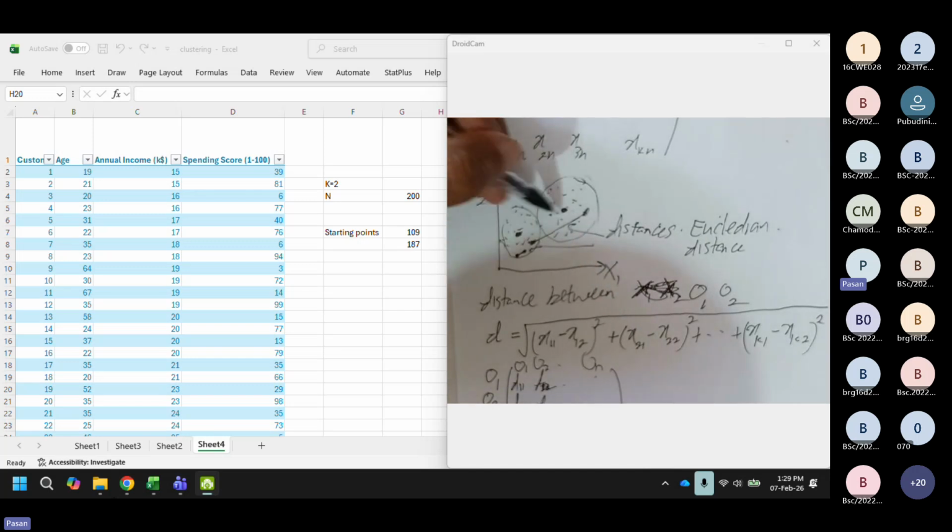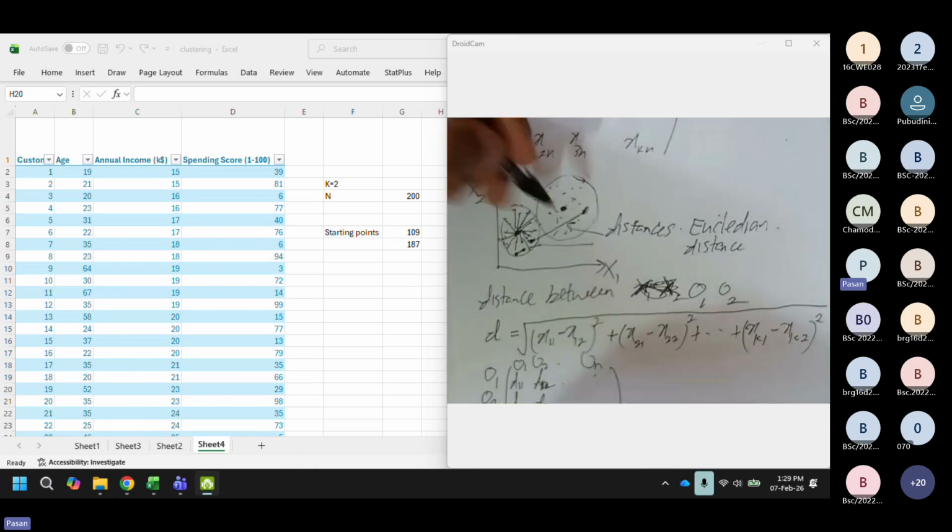That means we have to decide what the centers are. Then we measure the distance between each and every observation and its center, and similarly we measure all the observations to each of the centers.